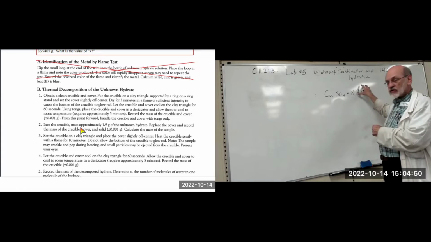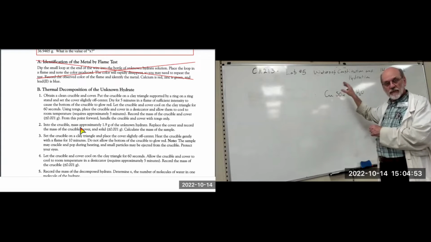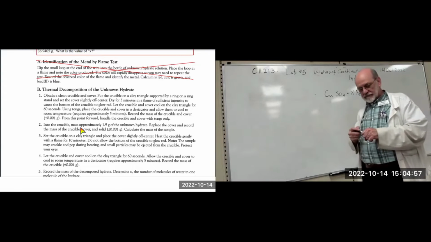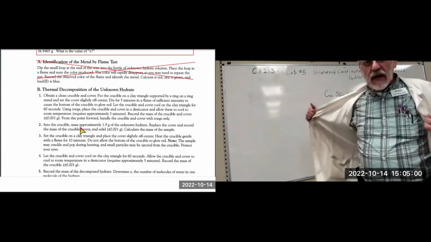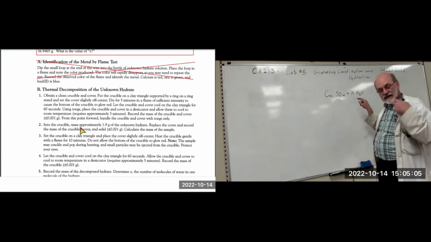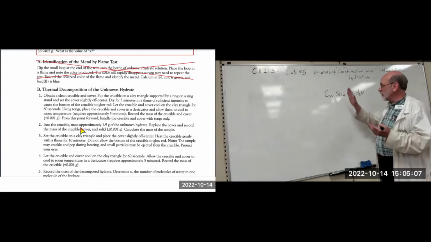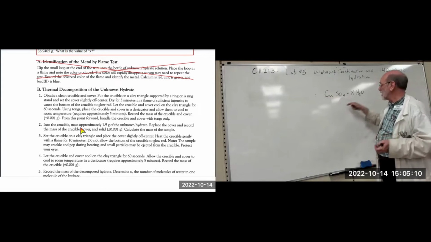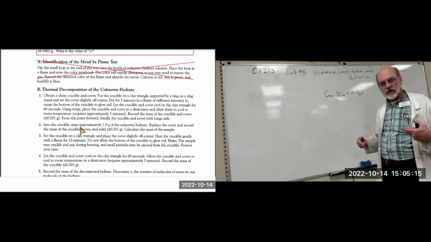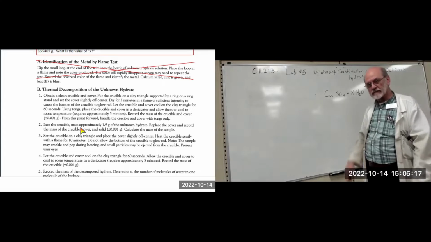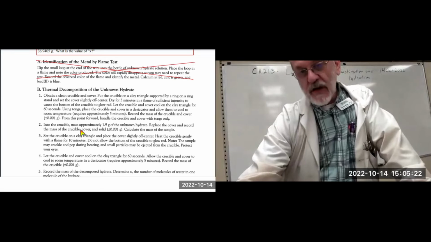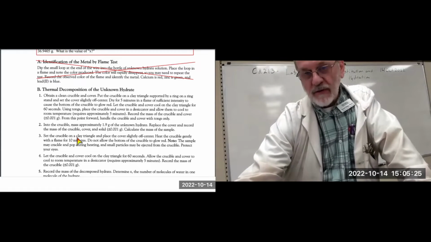They are separate molecules of water in the crystal structure of copper 2 sulfate. That's the first experiment. And what you have to do is find out what is the coefficient for water. What that coefficient says is for every mole of that compound, you have X moles of water. Okay, so you're looking for a mole ratio of water to copper sulfate. And when it says unknown hydrate, it's the hydrated copper sulfate.